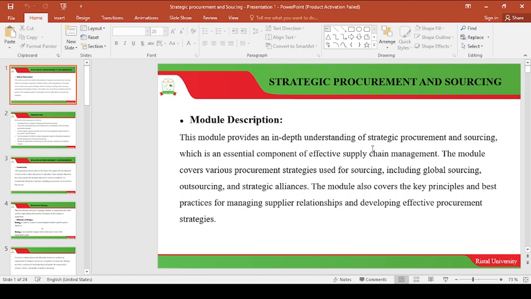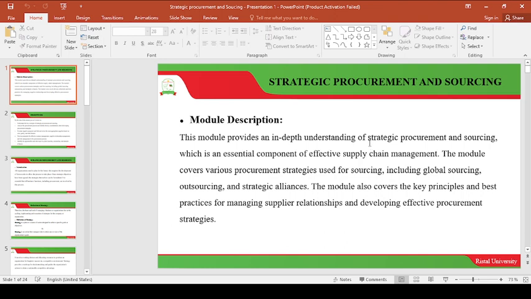The module covers various procurement strategies used for sourcing, including global sourcing, outsourcing, and strategic alliances. The module also covers the key principles and best practices for managing suppliers, relationships, and developing effective procurement strategies.